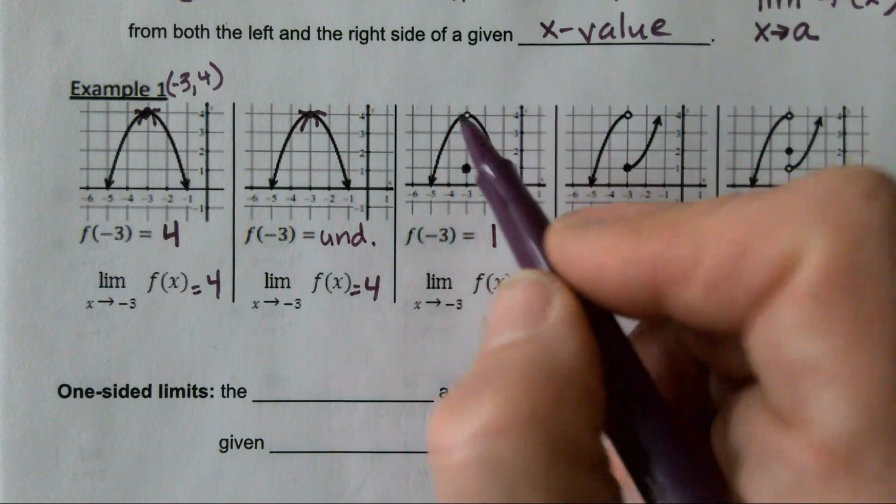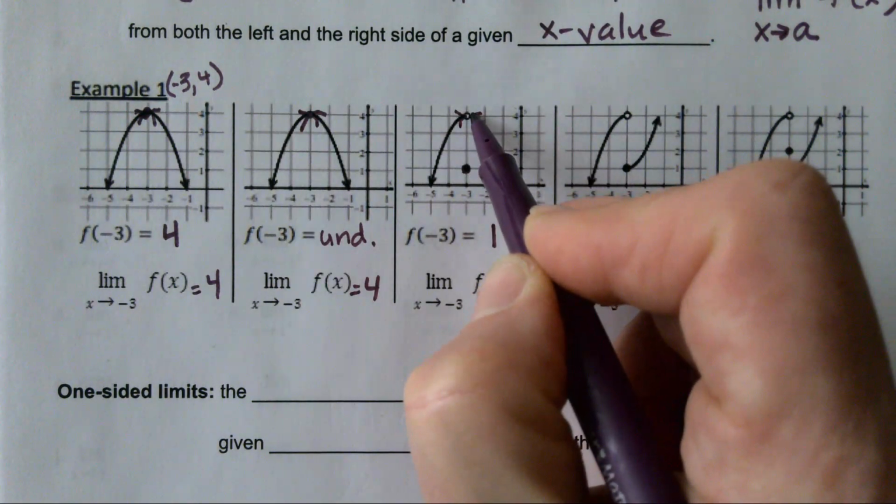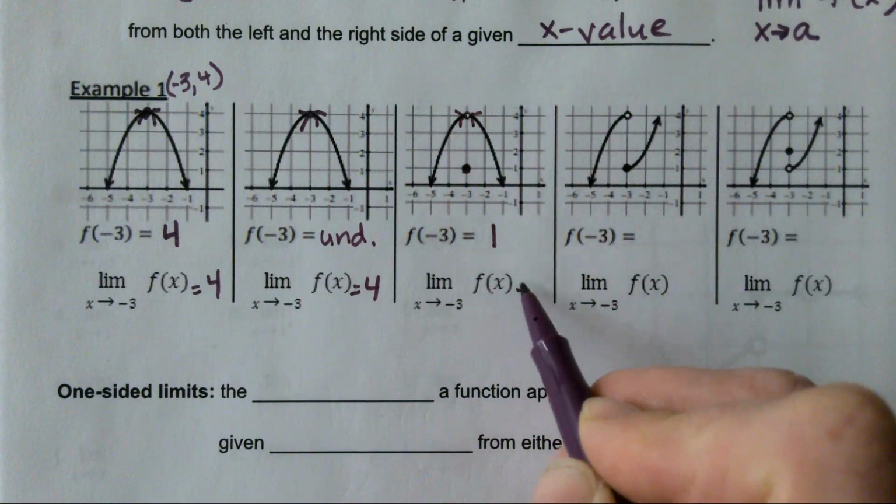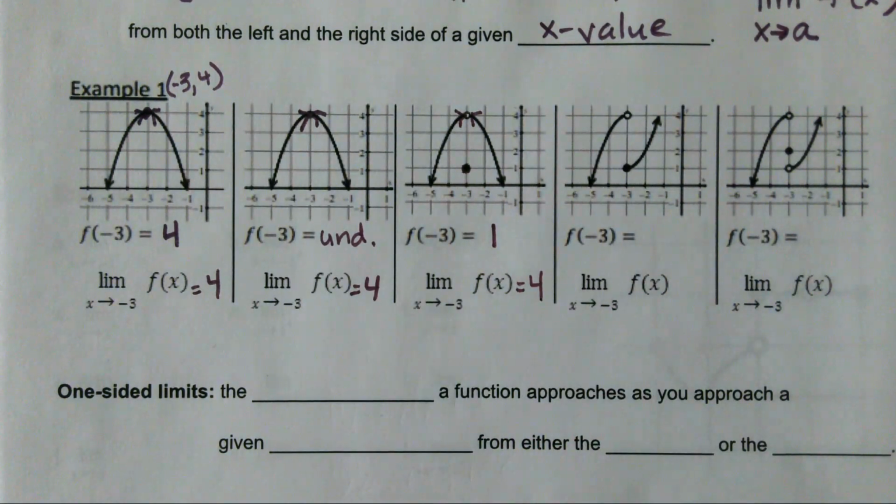But what is the limit? 4. Why 4? Because the limit is not always the value. The limit is where it seems to be going on both sides of that point. And every part of the function is leading me up towards that top position, which is a y value of 4, even though there is no value there.